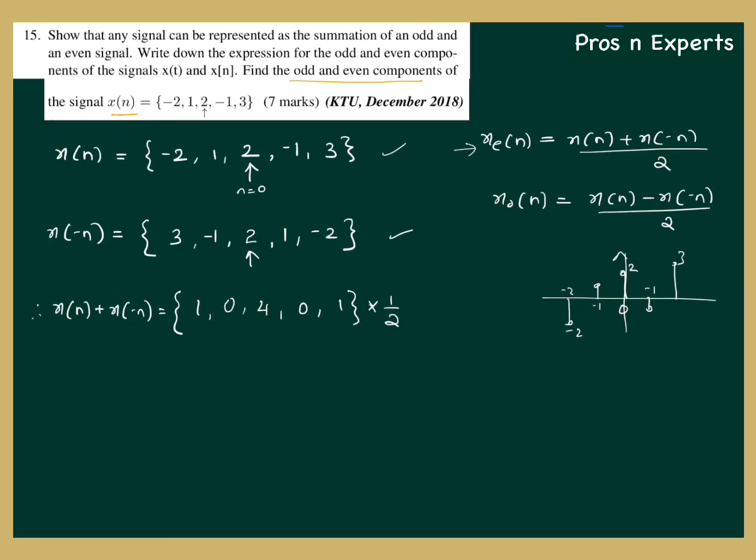So I will do it in the next step. Therefore, x of n plus x of minus n by 2 is equal to half, 0, 2, 0, half, which is our even component.